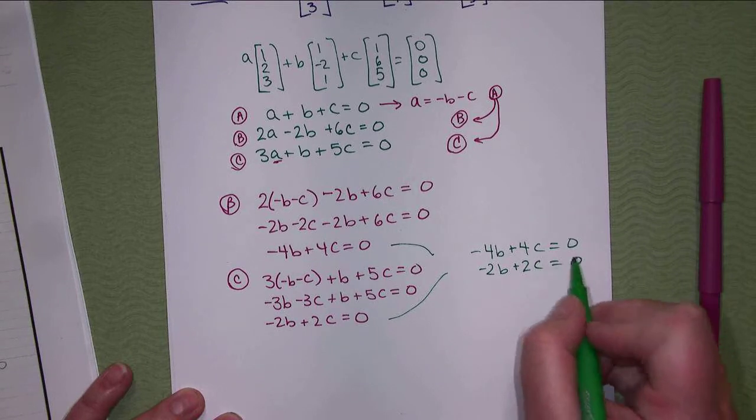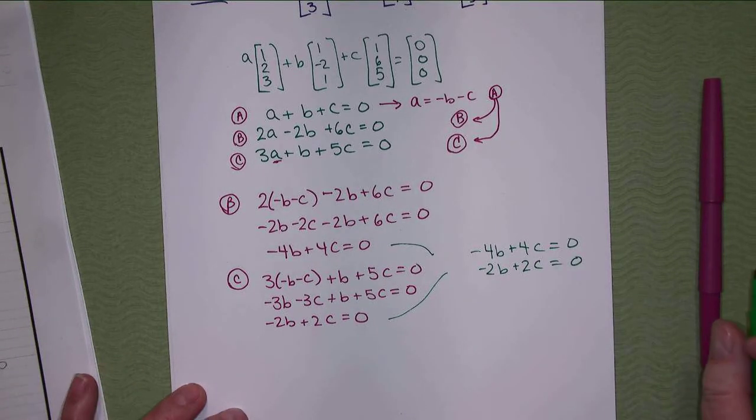What do you notice about those? They're the same. So when we go to solve, what will happen? We don't get 0 as the answer, but we do get zeros.